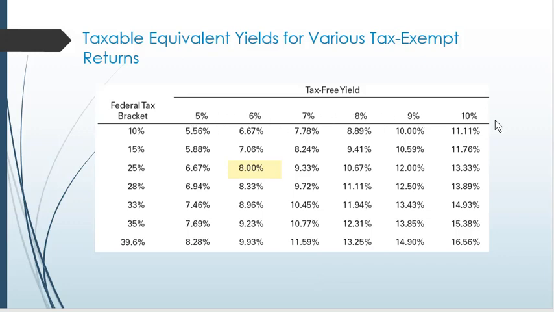So the way the table works, if you look, going across, these are all different municipal bond yields, right? Tax-free yields. Going down, we're looking at different tax brackets. And as you can see, it doesn't really matter what yield you look at. As you get to higher and higher tax brackets, the taxable equivalent yield becomes higher and higher, which means the municipal bond becomes more and more attractive as tax rates go up.